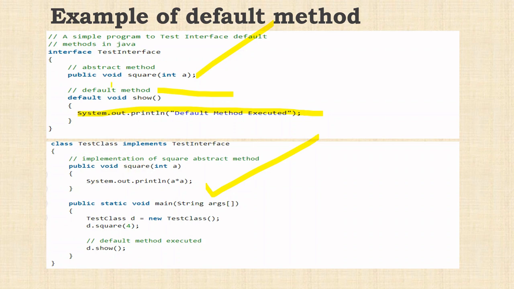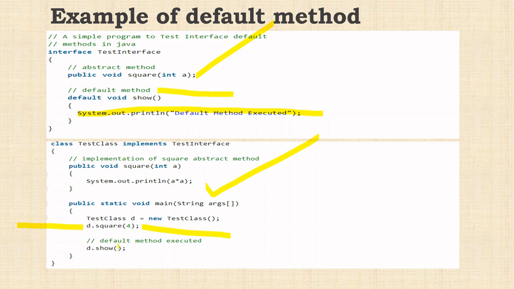We have created the instance of the Test class, and to call the concrete method we call d.square. We have already implemented square inside the Test class, so this is our normal scenario.